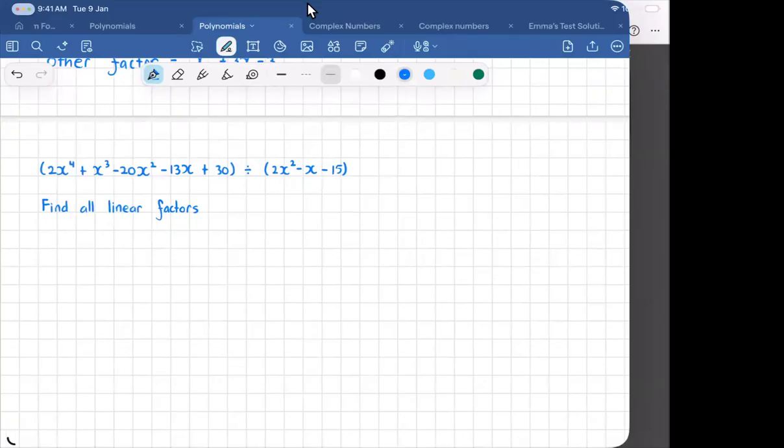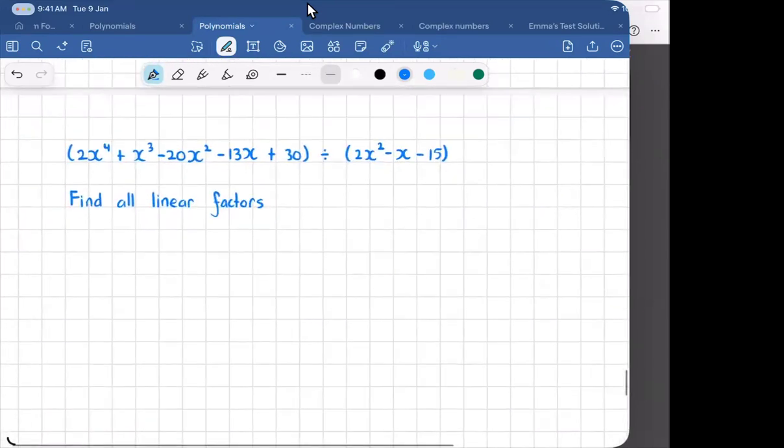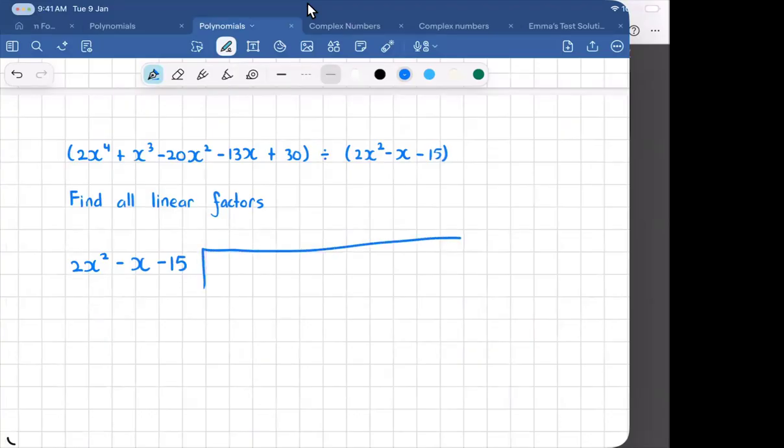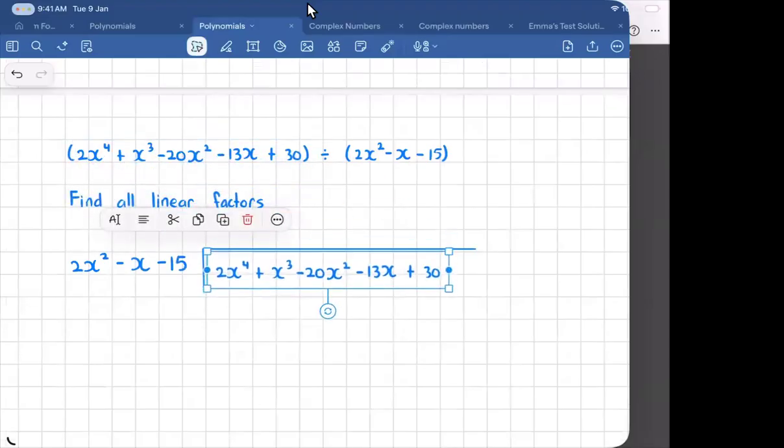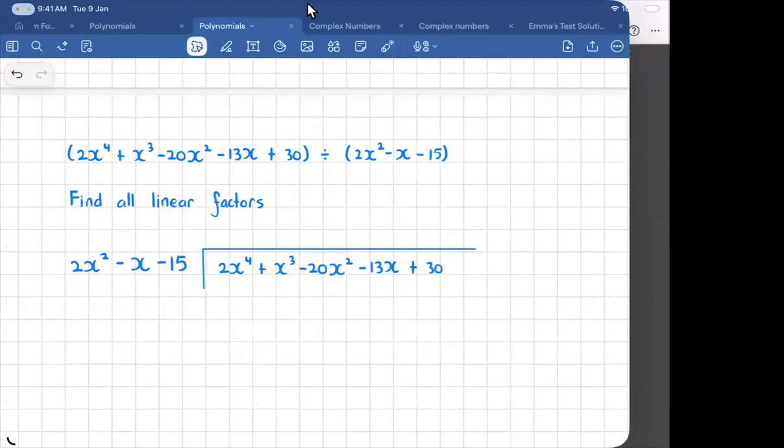It looks complicated, but it's the same process. So, I'm going to write 2x squared minus x minus 15, right? And I'm going to put this long division bracket on the inside, right? Great. So, Serena, what's the first step?